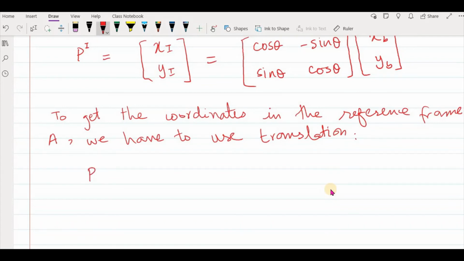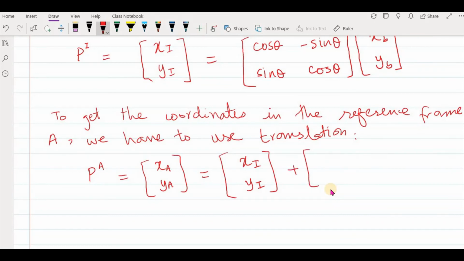We can say position of point P in frame A is equal to XA, YA, and you already have Xi and Yi. This you have already calculated here using rotation. Now using these coordinates, you just have to add the lengths delta X and delta Y.